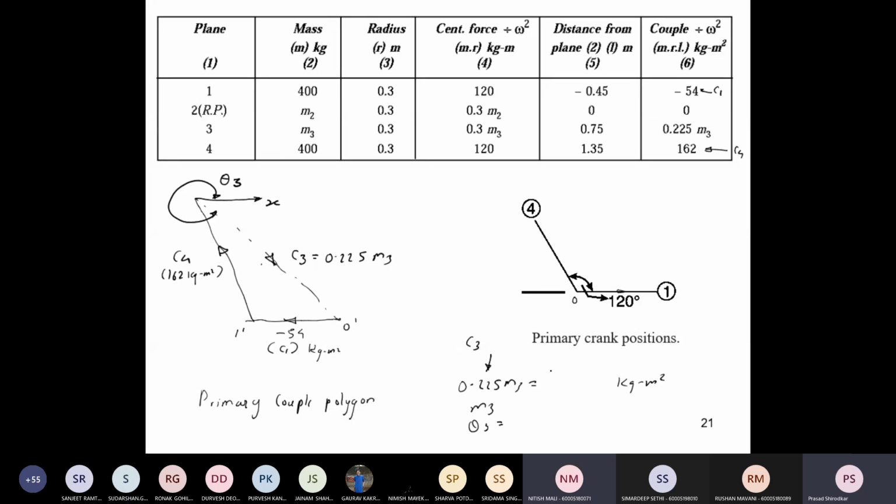I got 9.75. 9.75 what? Centimeters, sir. No, I want it in kg meter square. Kg meter square 195. Okay, I am getting 196, so 195 is also correct. This is 196 kg meter square.